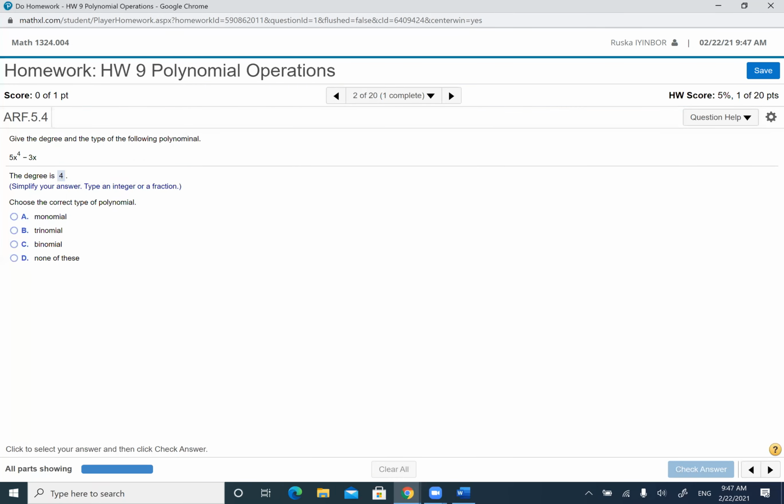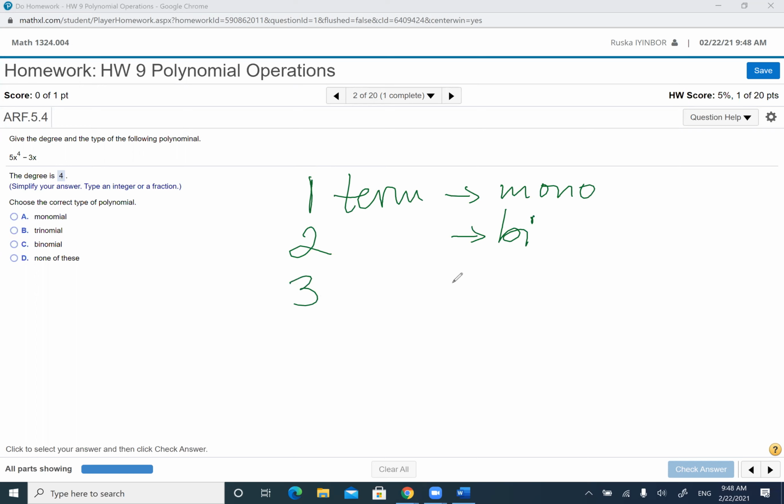And then the next question they're asking: choose the correct type of polynomial. So these are the names. If you have one term, it's called monomial. If there are 2 terms, it's called binomial. If there are 3 terms, it's called trinomial. Okay? So these are the names of each polynomial.